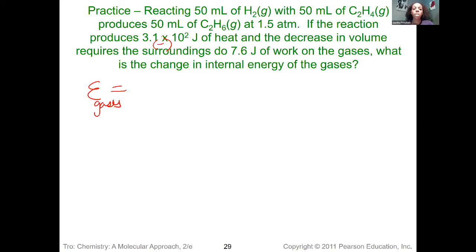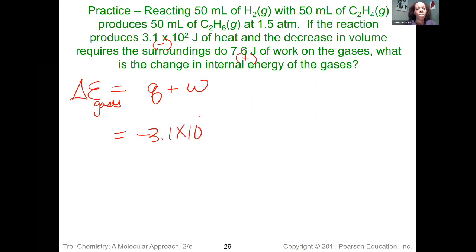And the decrease in the volume requires the surroundings to do the work. So that means somebody else did the work for us, so we would assign this as a positive value. We would then plug those into our equation for Q plus W. So our delta E, the internal energy, would be equal to negative 3.1 times 10 to the second joules plus positive 7.6 joules of work.